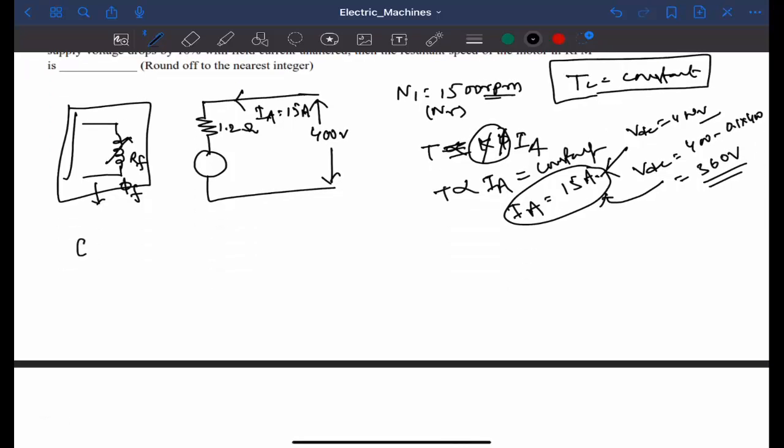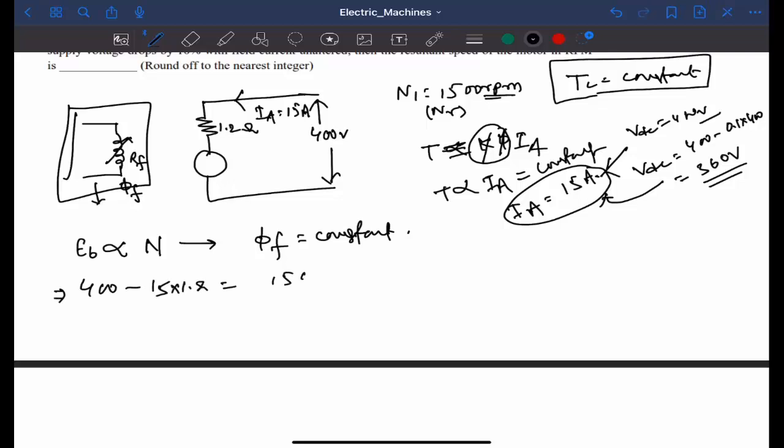And we know that back EMF is directly proportional to rotor speed if phi f is constant. So 400 minus 15 ampere into 1.2 equal to 1500. Next, we will use EB1 divided by EB2 equal to N1 divided by N2.